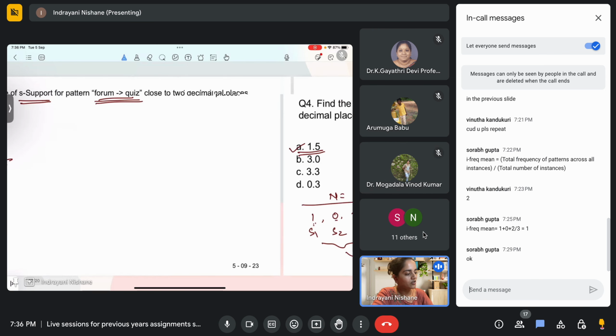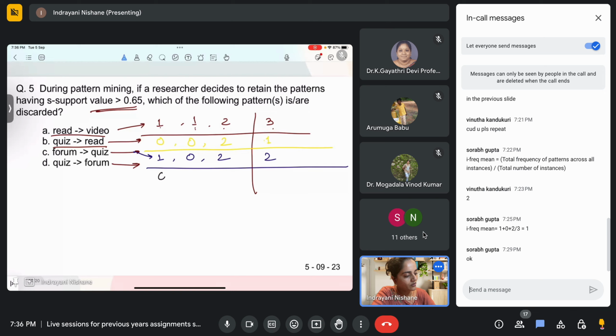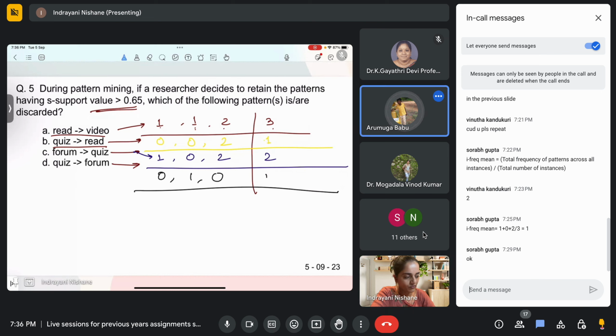So 0, 1, 0, 0, 1, 0. And here, for how many students was this observed? 1. Very good. So S support we have to calculate.